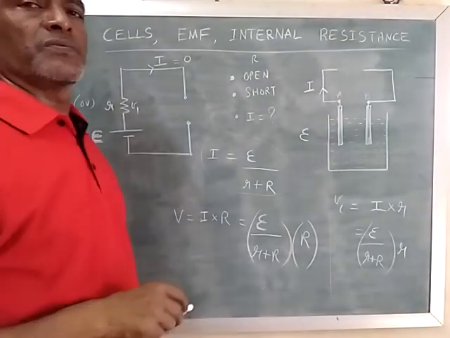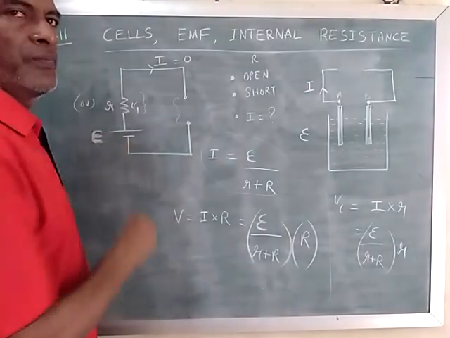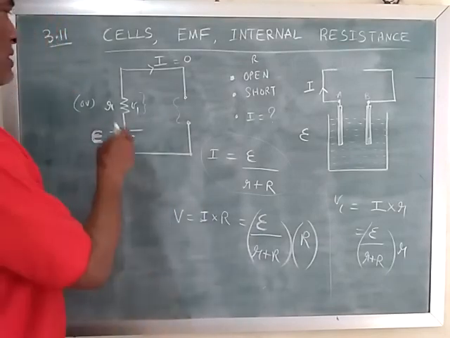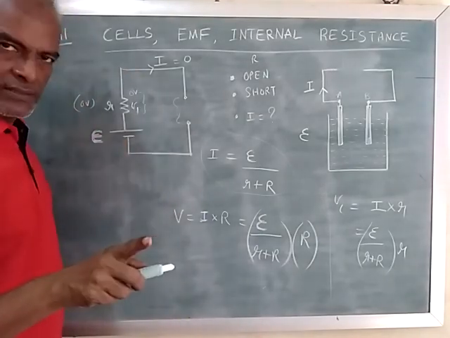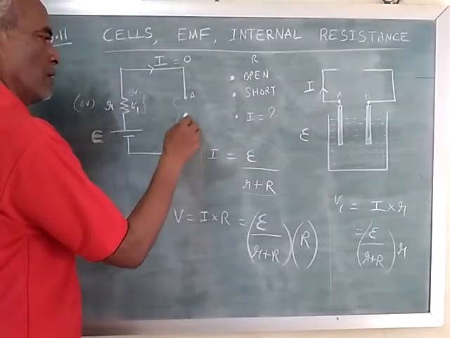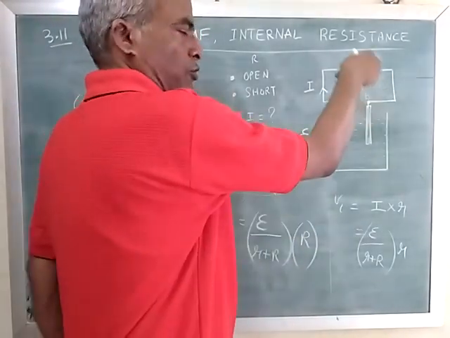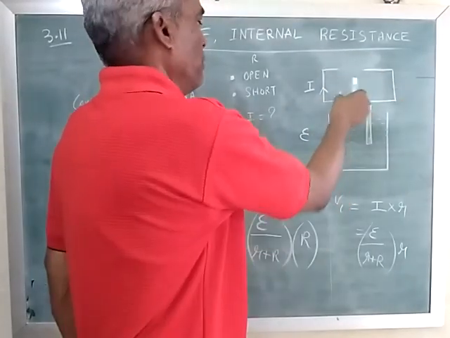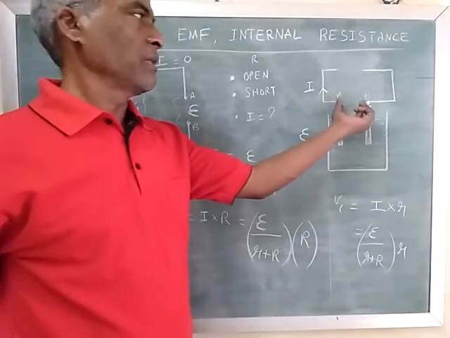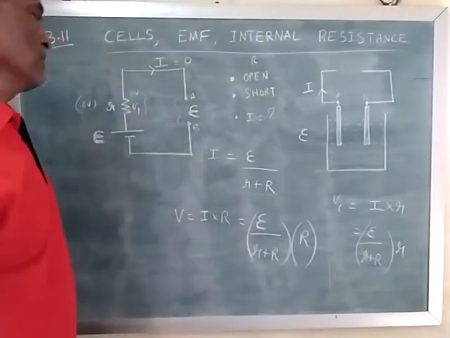But according to Kirchhoff's voltage law, this voltage drop plus this voltage drop should give you E, the voltage given by the cell. But this voltage is 0. That means the entire voltage will appear across these two terminals A and B. That means between A and B, if you measure with a voltmeter, you will be seeing E. This is the open circuited voltage between these 2 points, or even if you measure here, you will get the same answer. Okay, this is first case.